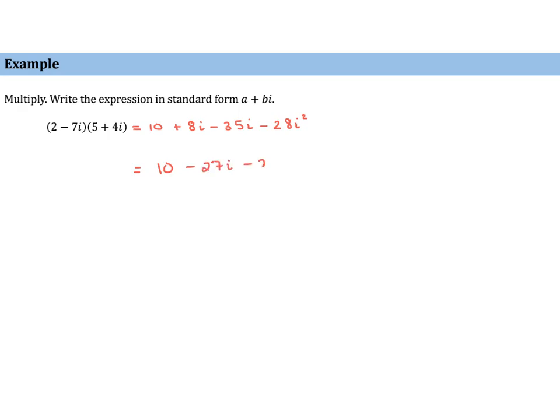Then we have minus 28i squared, but i squared is -1. So we have 10 minus 27i plus 28. So we have 38 minus 27i.